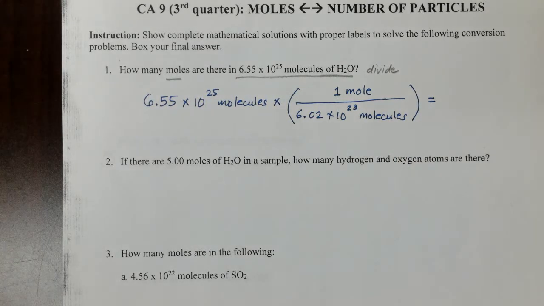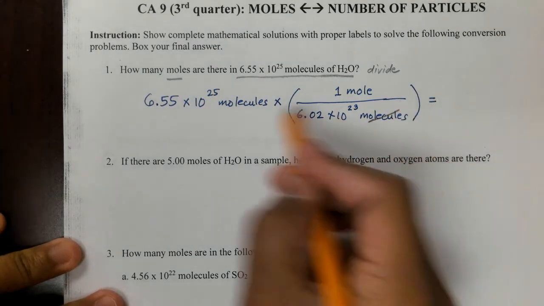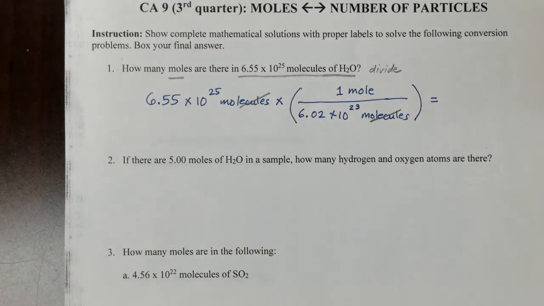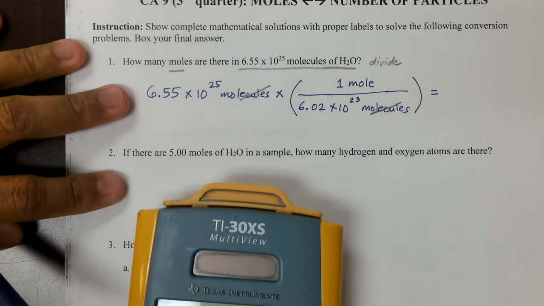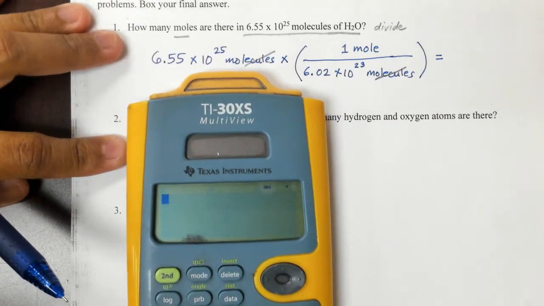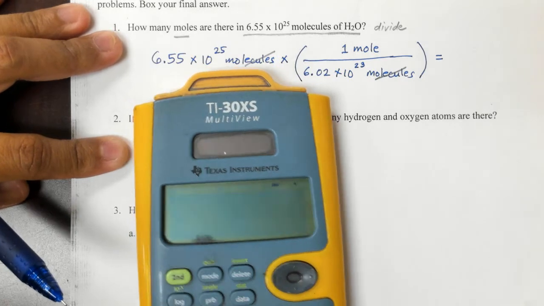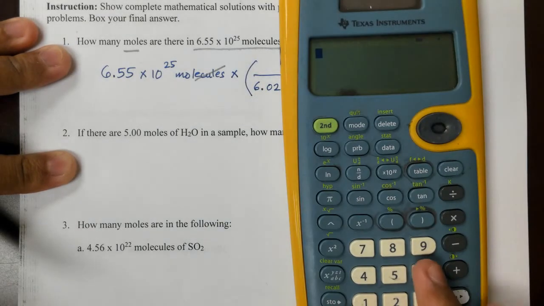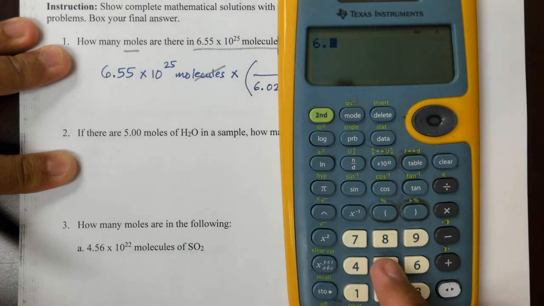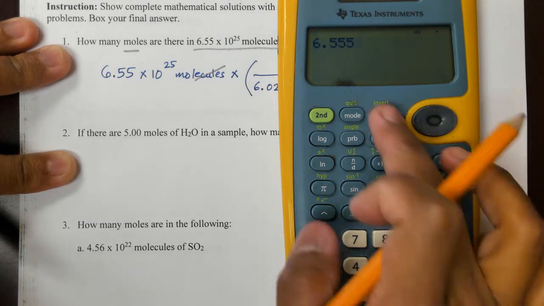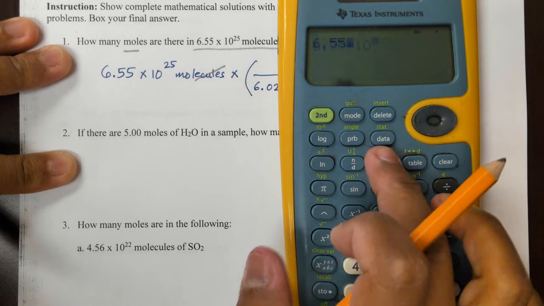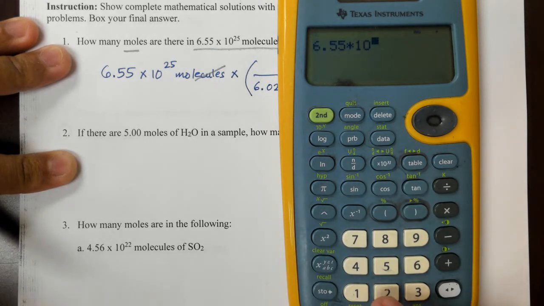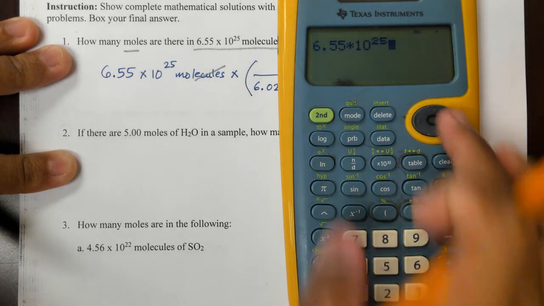And then I am going to cancel first the units so that I will be left with a mole. And then I go to the calculator and I'm going to input the values here. So I will input 6.55 first. So that's 6.55 times 10 to the 25, and then arrow to the right.